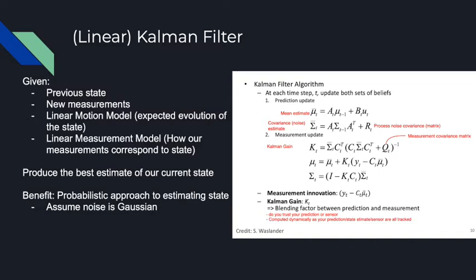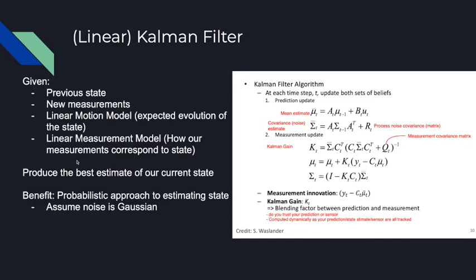Now we need to evolve our existing tracks and predict where they'll be in the future. We do this using a linear Kalman filter. A Kalman filter is a statistical method of predicting a best estimate given some data. The data it needs is the previous state of the object, a new measurement, a motion model, so an estimate of how an object will evolve over time, and a measurement model, so how our measurements correspond to our state.